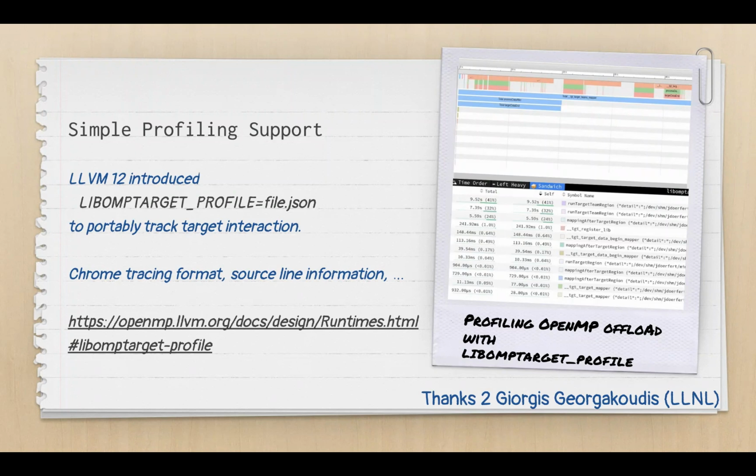So you can use Chrome to create a trace of your program with summaries about all the function calls. And you can use other tools that understand the Chrome tracing format to analyze your program in more depth. And this is unrelated to what target you're offloading to.